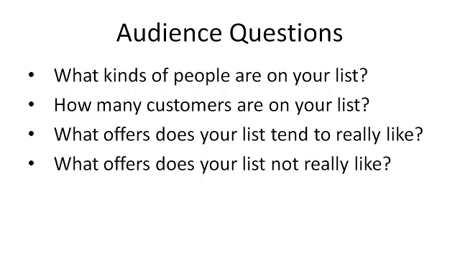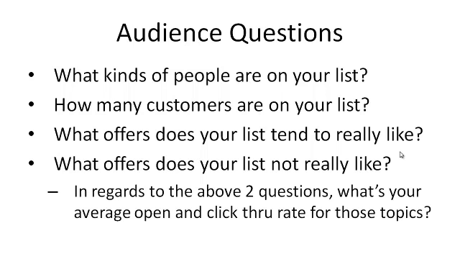By asking these two questions, it gives you an idea of what kind of offers that person's list really likes. So if you really wanted to create another list in a different topic area, you could do that, or move on to the next. So in regards to the above two questions, what's the average open and click-through rate for those topics?